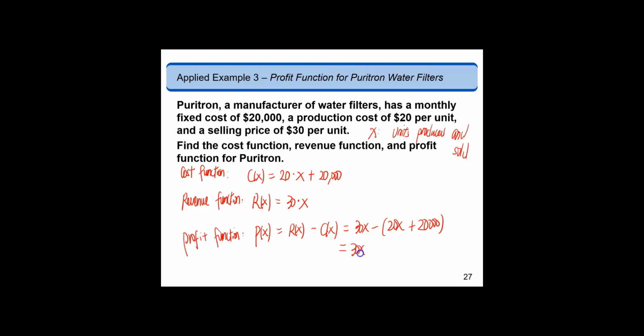Expanding, you get 30X minus 20X minus 20,000. Combine like terms, 30X minus 20X equals 10X. We get all three different functions, right? So we can come up with the cost, revenue, and profit.